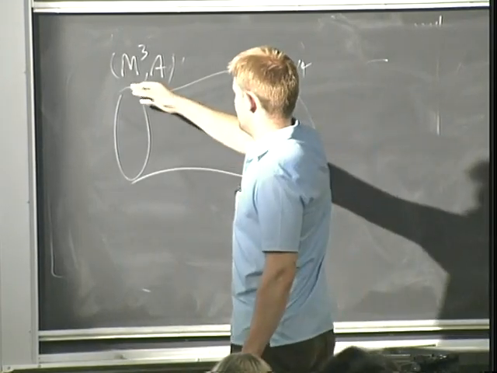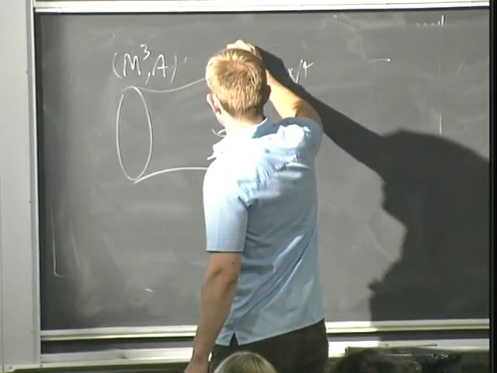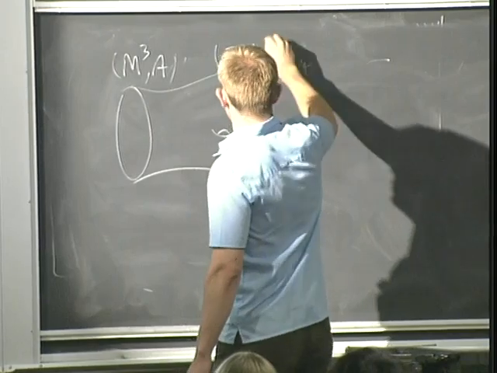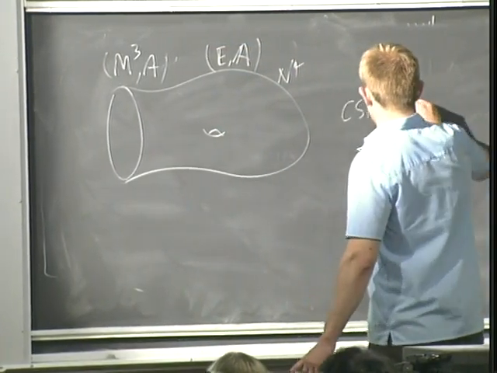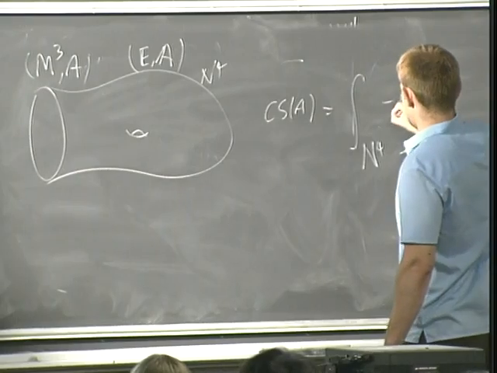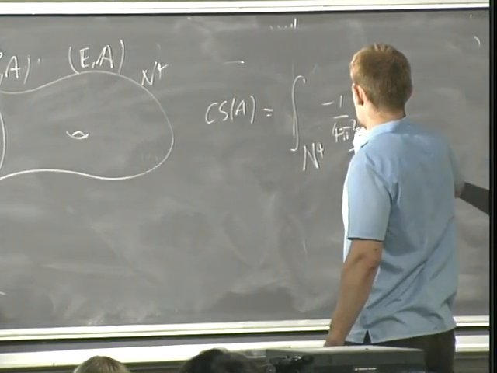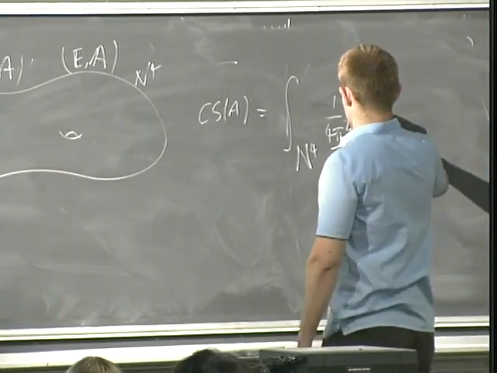Let's extend the bundle over the 4-manifold and the connection. So I end up with some bundle here with some connection on it over the 4-manifold. Then this Chern-Simons functional turns out to be the integral over the 4-manifold of the characteristic class representing the second Chern class. Maybe P1. There's a plus or a minus there.